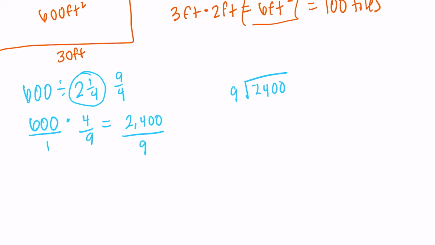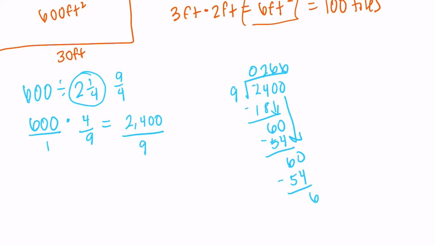divided by 9. So 9 can't go into 2, but it goes into 24 twice, so minus 18. 24 minus 18 is 6, bring down the 0. 9 goes into 60. Let's see, 9 times 5 is 45, 9 times 6 will be 54, so 6, bring down a 0. 9 goes into 60 again, 6 times.